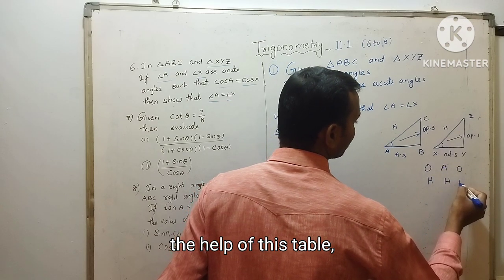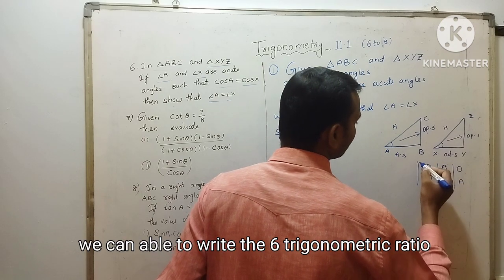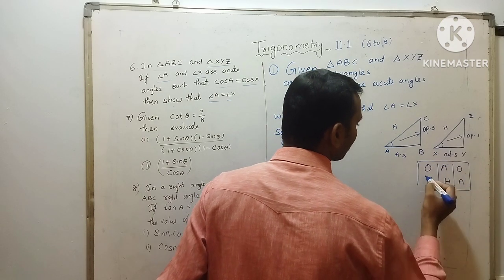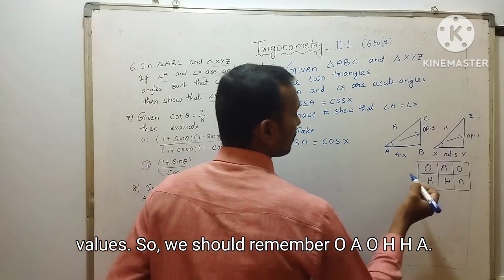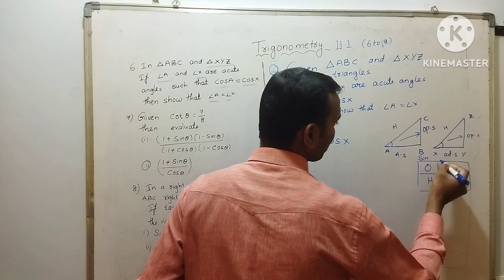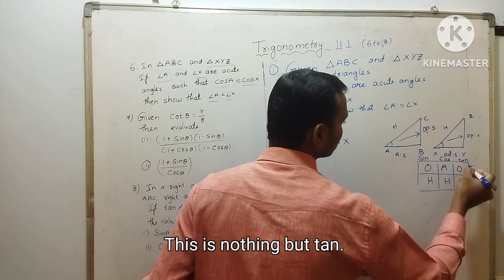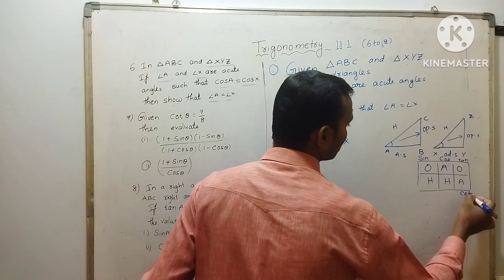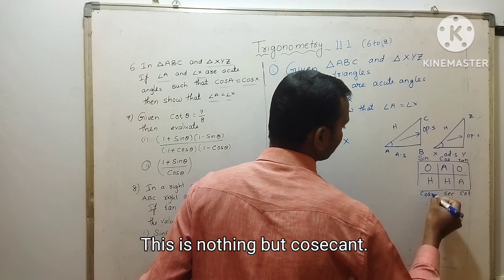With the help of this table, we can write the 6 trigonometric ratio values. So we should remember OAO, HHA. O by H is nothing but sin theta, A by H is cos theta, O by A is tan, A by O is cot, H by A is secant, and H by O is cosecant.